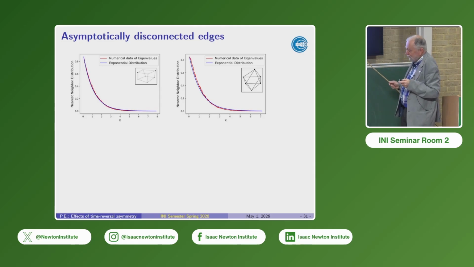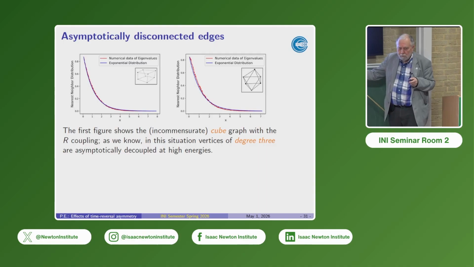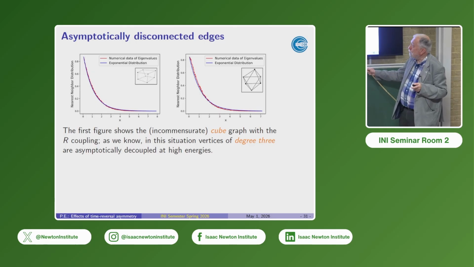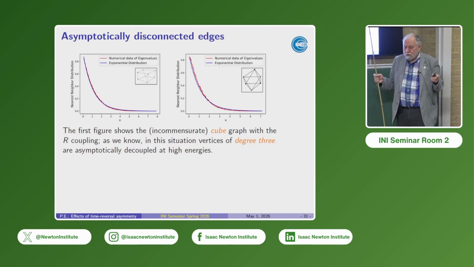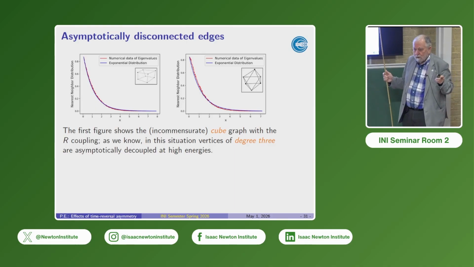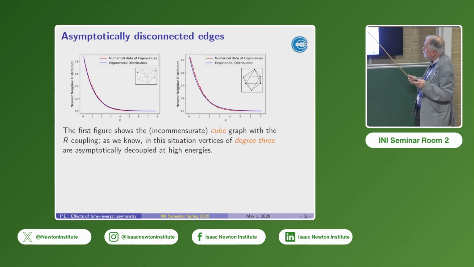In the first case, you get this Poissonian distribution, which is maybe not surprising because I know that the cube now has degree 3, so asymptotically the edges are decoupled. So at high energies, it's the same as independent intervals. So this explains the Poissonian distribution.